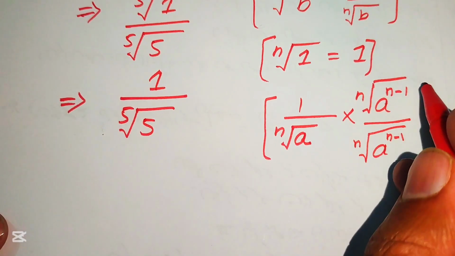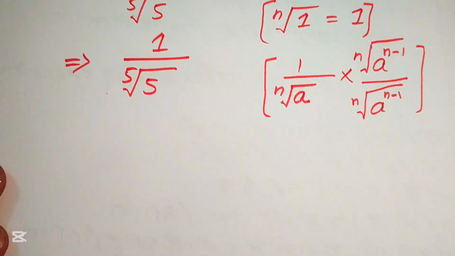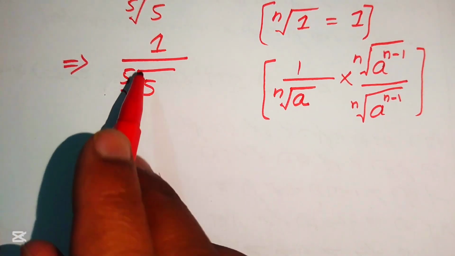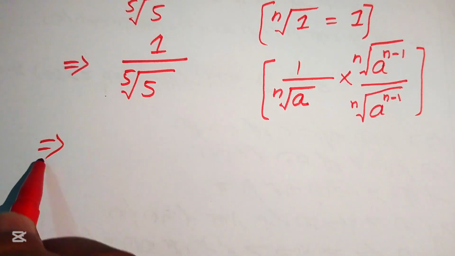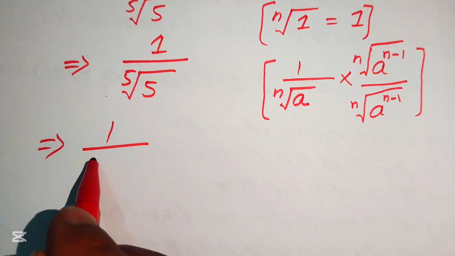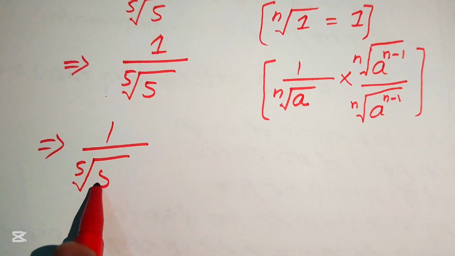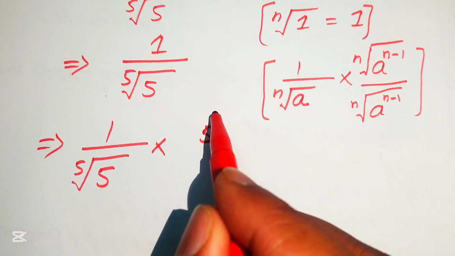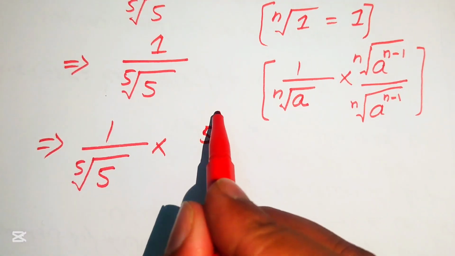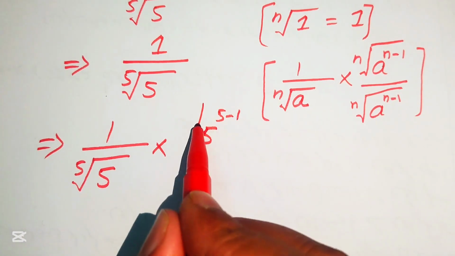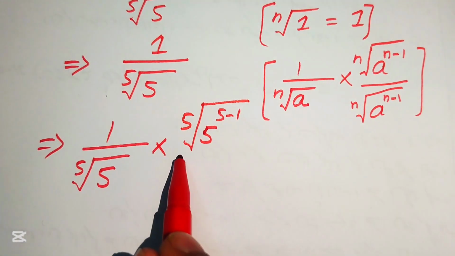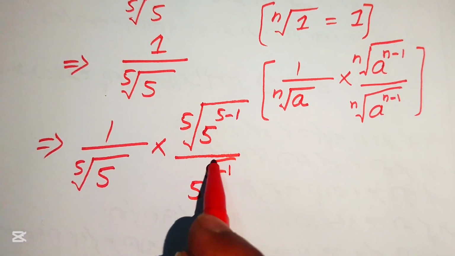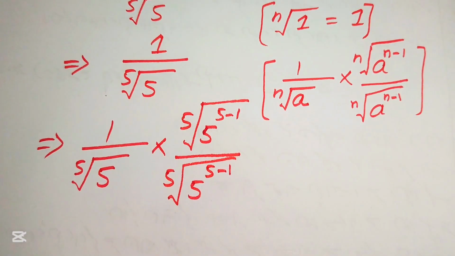So according to this exponent law, we multiply this whole term in this form. This is 1 over the fifth root of 5, multiplied by the fifth root of 5 to the power of 5 minus 1, divided by the fifth root of 5 to the power of 5 minus 1, because here our n is 5.